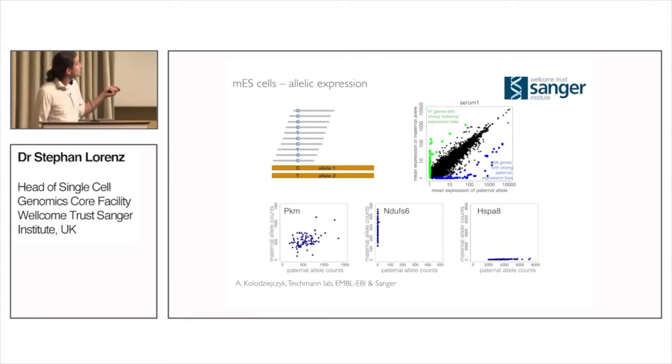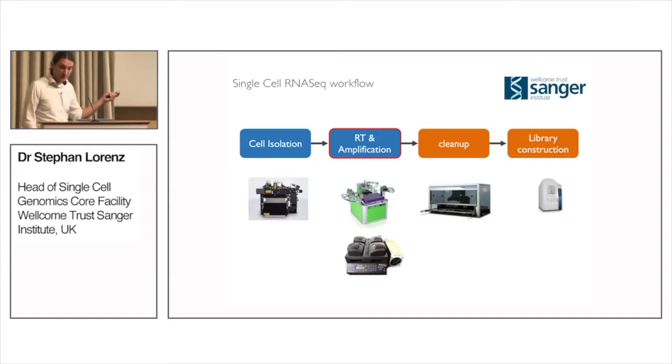Just as an example, one gene that's equally expressed from the paternal and maternal allele, one gene that's exclusively expressed from the maternal allele, another one just exclusively paternal. Just to showcase what types of experiments are possible with single-cell RNA sequencing.